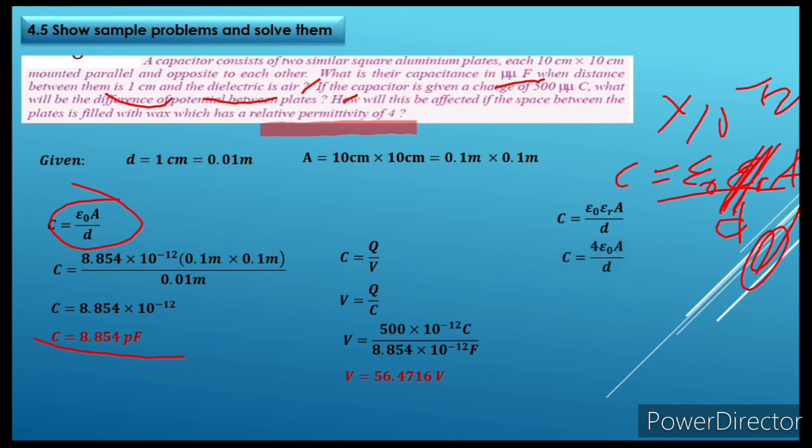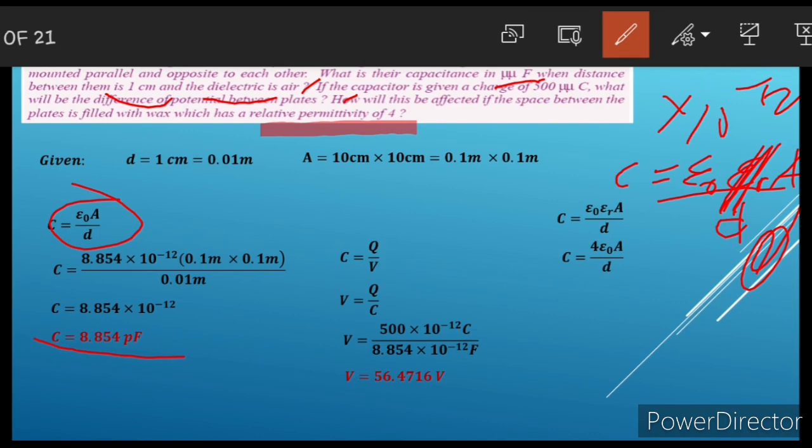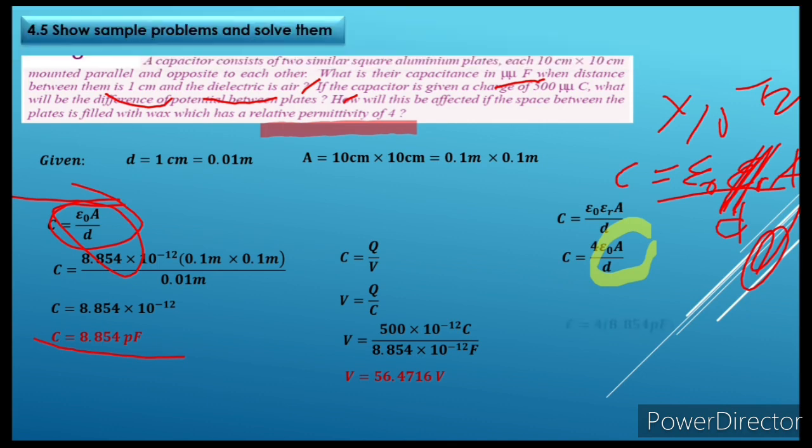So that will become C is equal to 4 times the absolute permittivity times area over the distance. We already have the answer for absolute permittivity times area over the distance, so we will just substitute that into our formula.